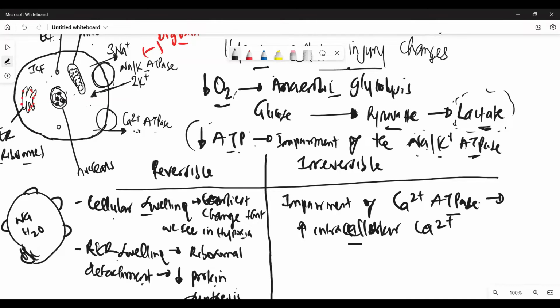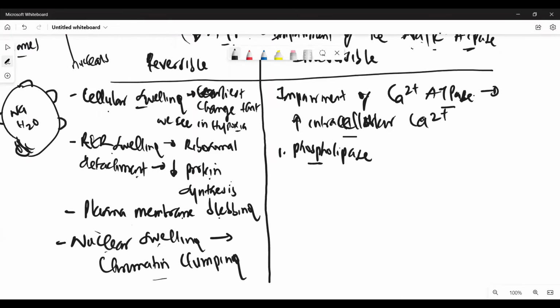Because of this elevated calcium in the cell, they will start to activate enzymes inside the cell. One of the enzymes is going to be phospholipase. From the word phospholipase, that means it can break down phospholipids that are present on the cell membrane. So as a result of activation of this phospholipase, it's going to break down the plasma membrane.